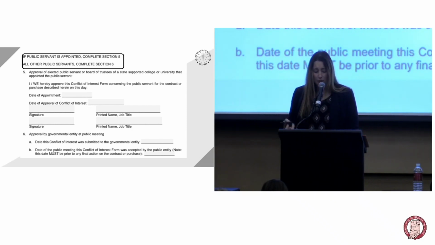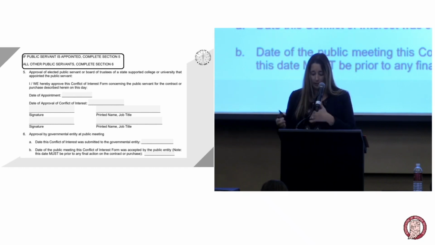So for the appointed one, it just wants to know the date of the appointment, the approval of the conflict of interest, and then the signatures. And then for public servants, we're looking for the approval by the government entity at the public body. So the date it was submitted and the date the public meeting on the conflict of interest form was accepted.